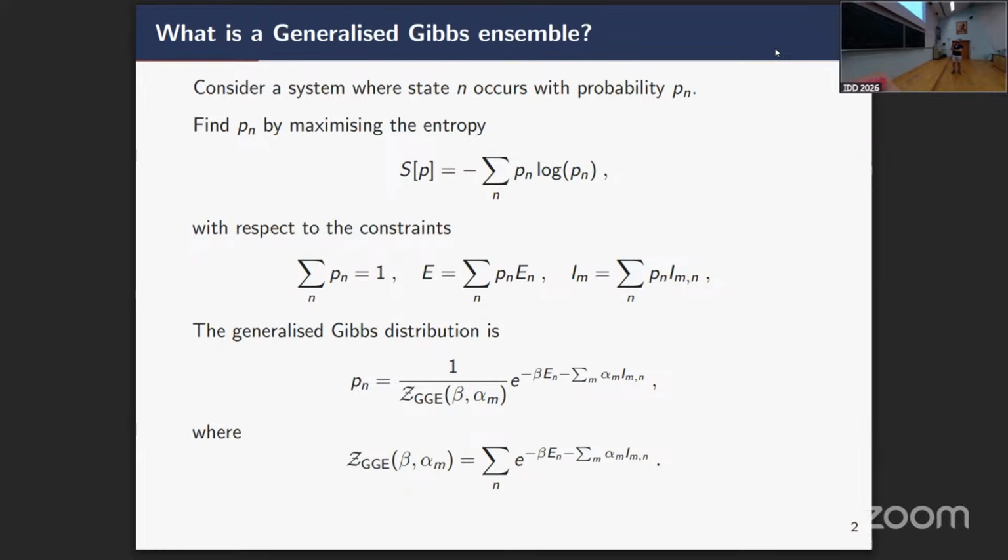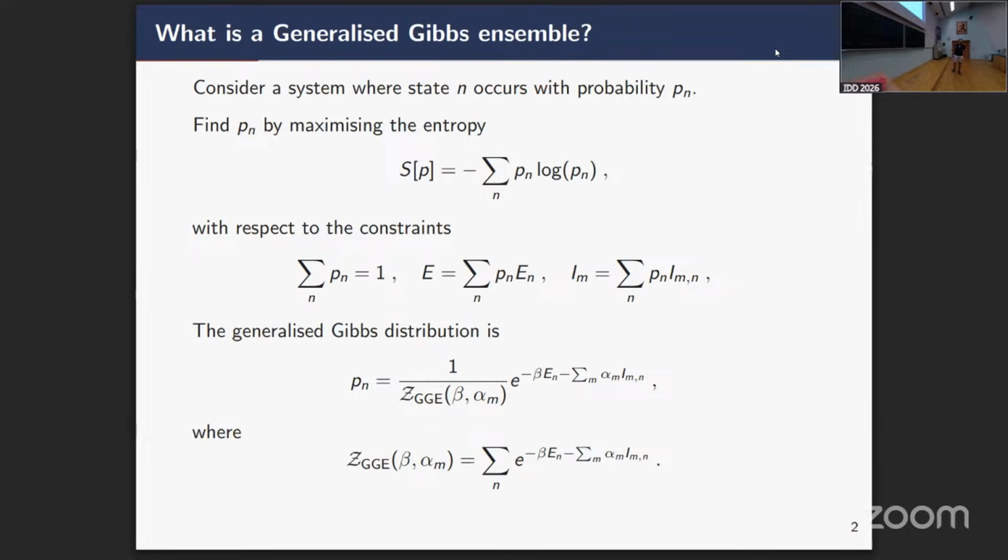For a standard system, I normalize my probabilities so they sum to 1, and I have an average energy constraint as well. Maximizing the entropy subject to these two constraints gives just a Gibbs distribution, the exponential of minus the energy divided by the temperature. So beta is 1 over temperature here.